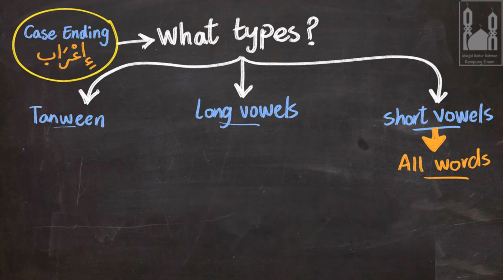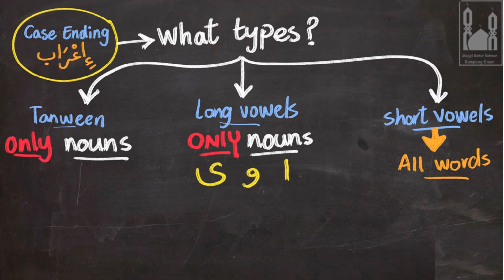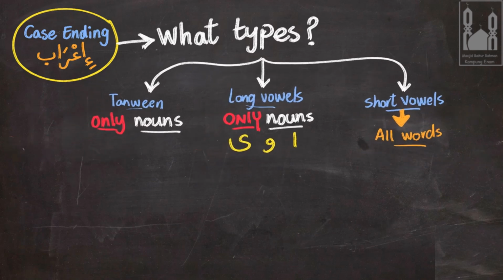Second is the long vowels. Case endings of long vowels only occur with nouns, so not with verbs or prepositions. With long vowels, there are only three possibilities: alif, waw, and ya. And you'll see them added to the end of the word, like the two variations of dual and plural masculine nouns that we've learned in the previous lesson.